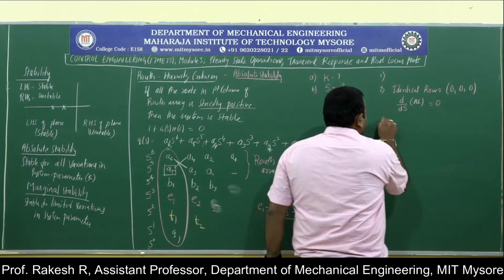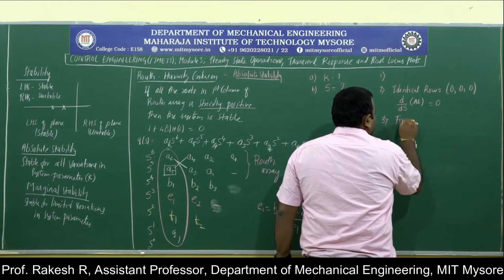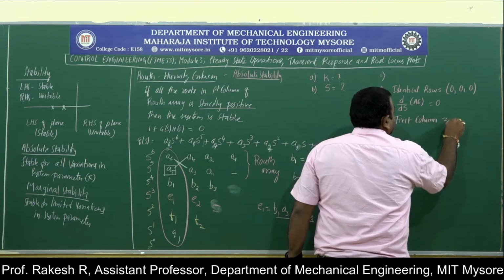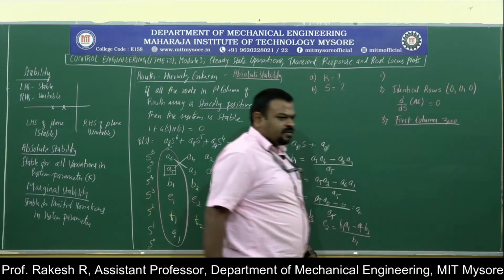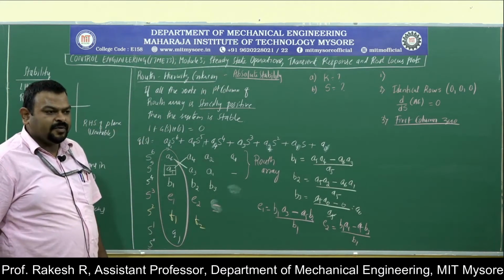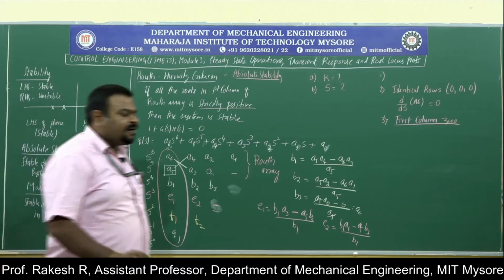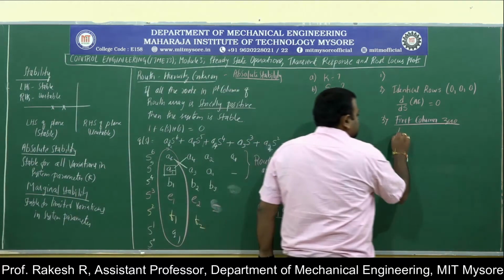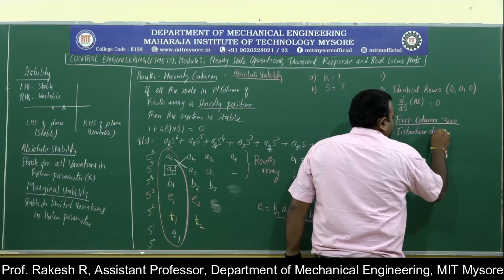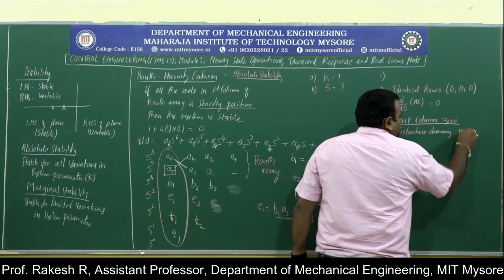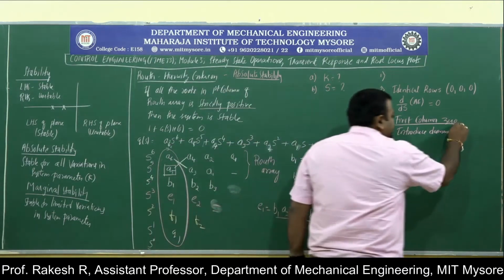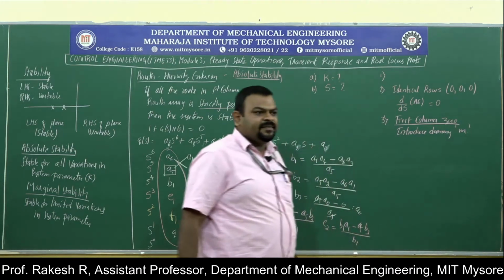Then if you get first column 0, so suppose if you get F1 0, then how to compute? Is it stopped? No, we have to compute. Then introduce a dummy element, and I will call it as M. M is a dummy element there.